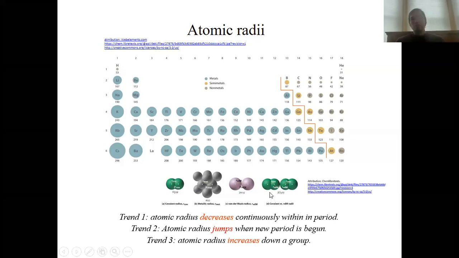Now you can also define a van der Waals radius for the chlorine molecule. However, this van der Waals radius is different from the covalent radius. For instance, you can condense chlorine gas to make a solid, and then measure the distance between two chlorine atoms in the solid, which are not bonded covalently to another chlorine atom.